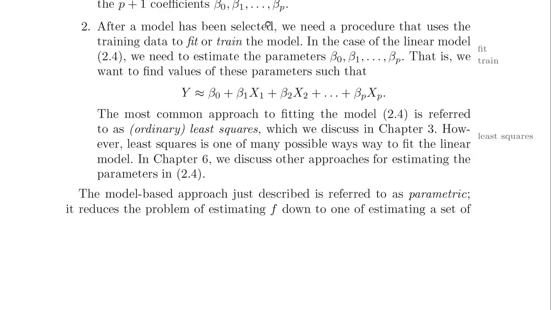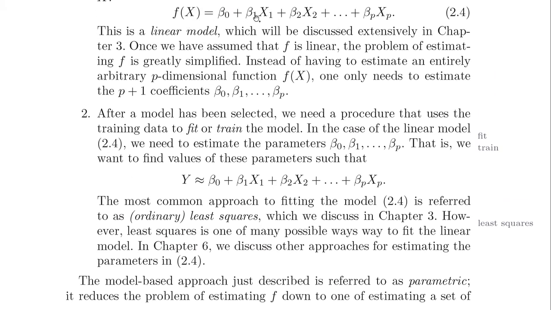After a model has been selected, we need a procedure that uses the historical data to fit the model. In the case of the linear model, we need to estimate the parameters beta naught until beta p.